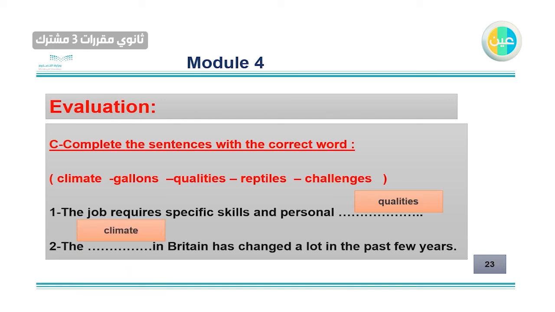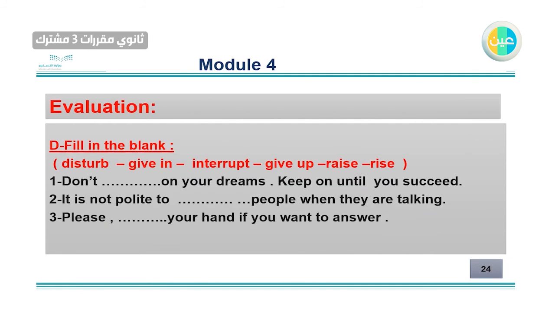Don't give up on your dreams. Keep on until you succeed. Don't give up. It's not polite, not good to, what? Disturb or interrupt. Yes, of course, to interrupt people when they are talking.